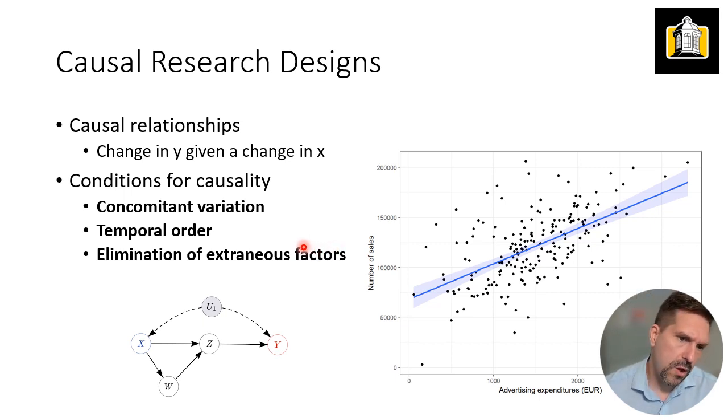Now, you need to understand, for us to demonstrate or to make sure that something is causing something else, there are a series of stringent conditions that you need to fulfill. The first one we call concomitant variation, and that means that both variables, x and y, need to move together.